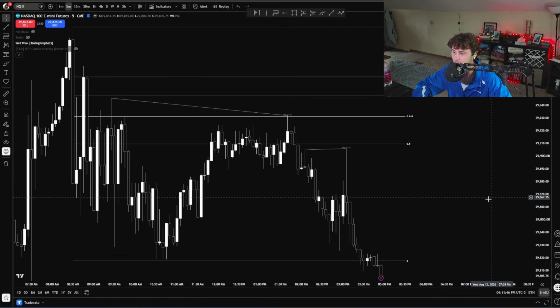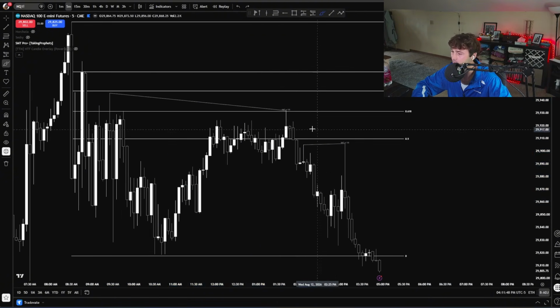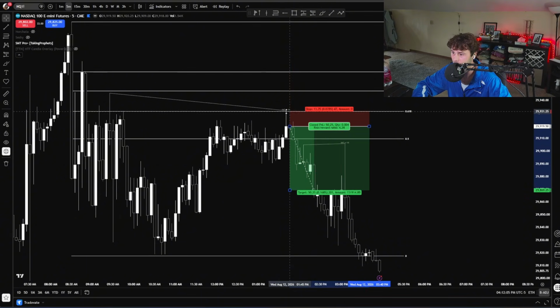Then you would wait for price to retrace back up into OTE, which it did right here. So this is actually a pretty good trade, right? We pulled the fib from the high to the low, price retraced up into OTE, and we got our very nice rejection block right here. So that would be your entry short right there. Stop loss at the high right there. Target here.